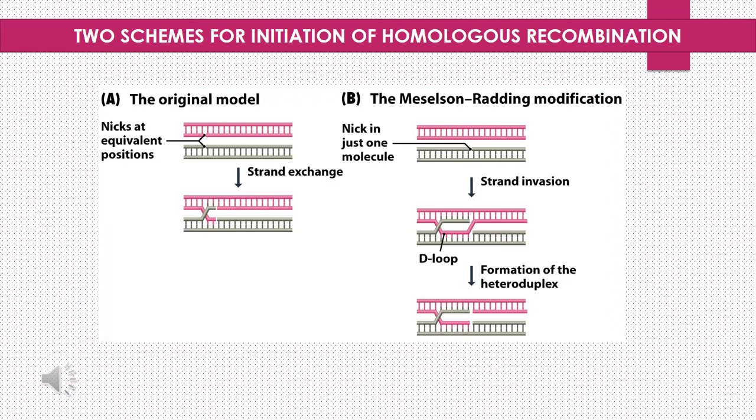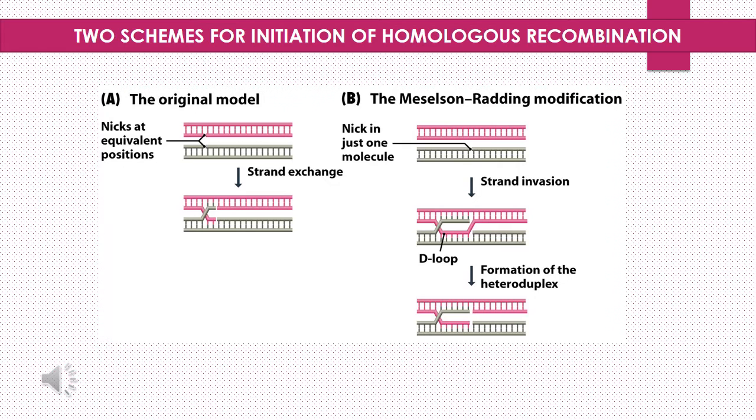The original model says that first nicks are formed at equivalent positions on homologous DNA molecules, then the facing strands get exchanged.